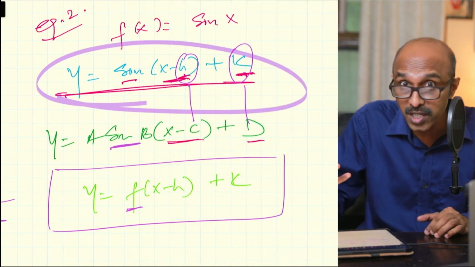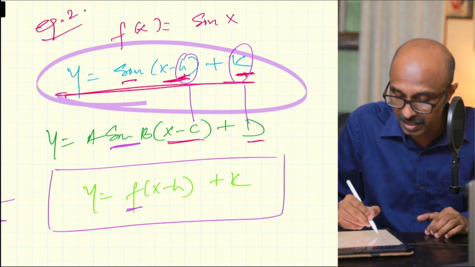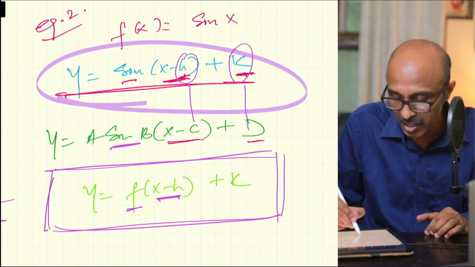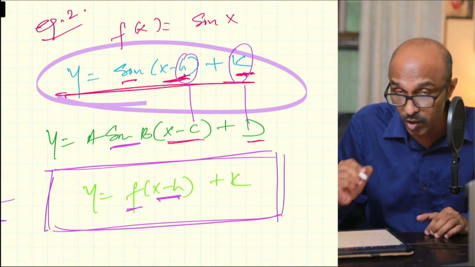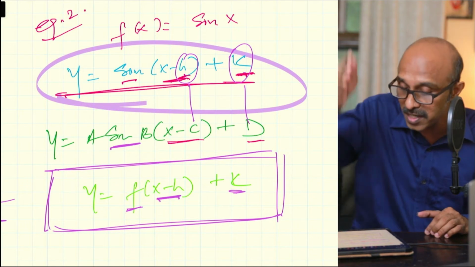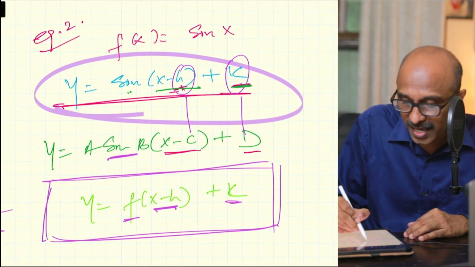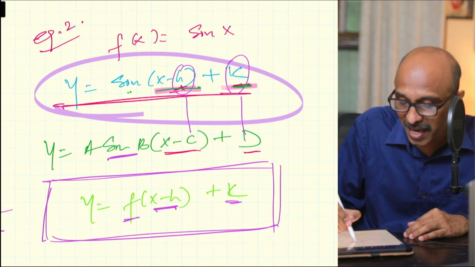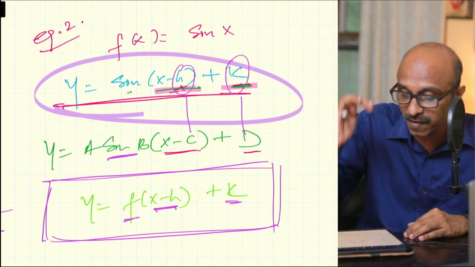It can even be an exponential function if you would like to explore, but this is only the translation, okay? F of x minus h, this term inside is the domain. It affects the horizontal translation. K affects the range, the vertical translation. In the same way, this x minus h will translate the sine function horizontally, whereas this k will take care of a vertical shift, okay?